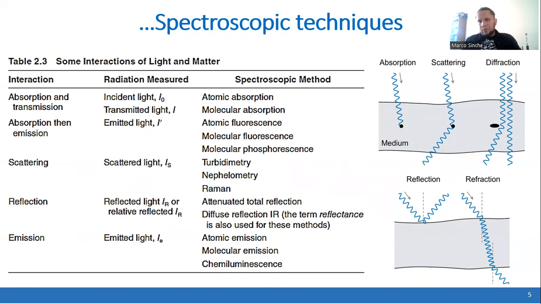So the most commonly used in the spectroscopic techniques are absorption and scattering, but also the others could be useful for several techniques, as those that could be seen in the table. For example, scattering is used in Raman spectroscopy, while absorption is used in atomic absorption, which are the techniques that will be described later.